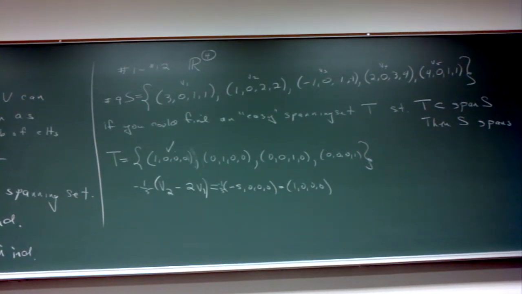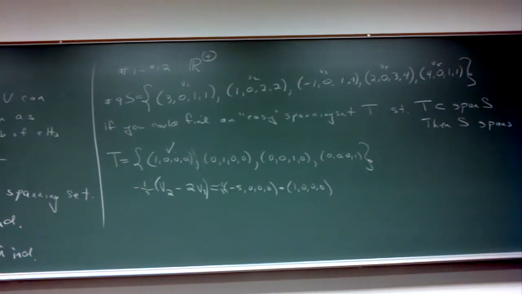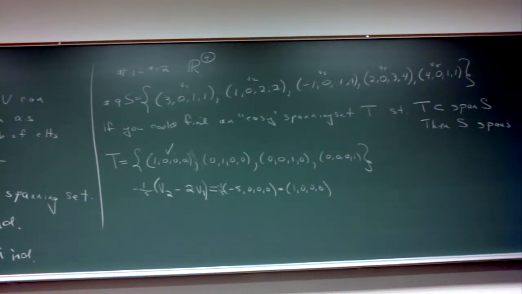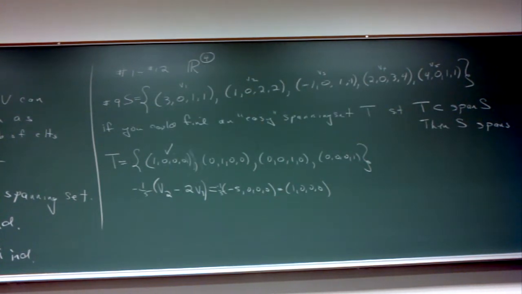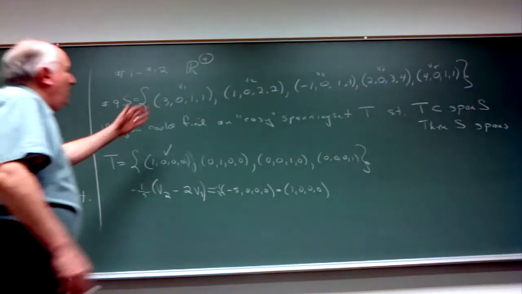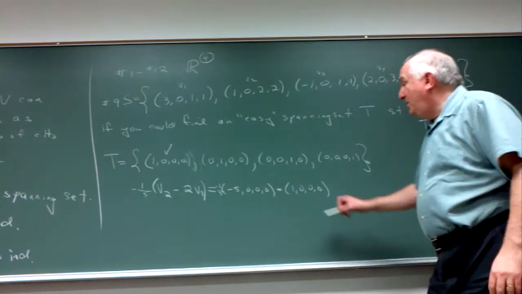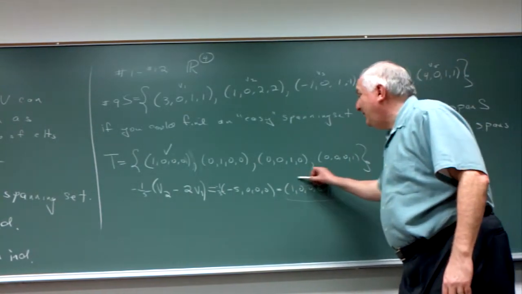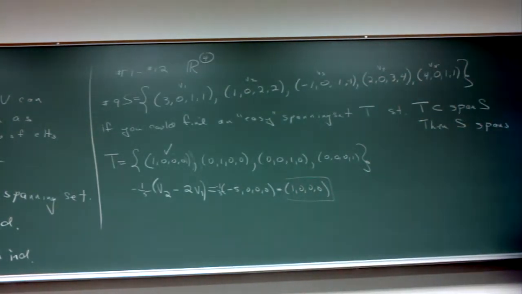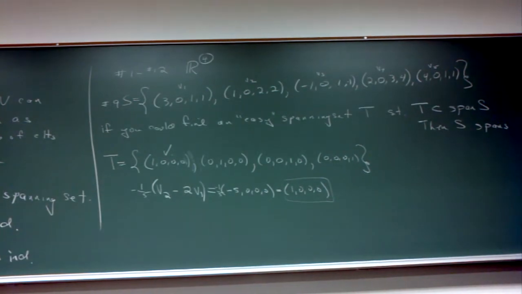Now, what this means is, when I'm trying to show the various things from the span of S, I've got 1, 0, 0, 0 to work with. Because the obvious things that are in the span of S are V1, V2, V3, V4, V5. But in particular, that's also in the span of S, if I need it.